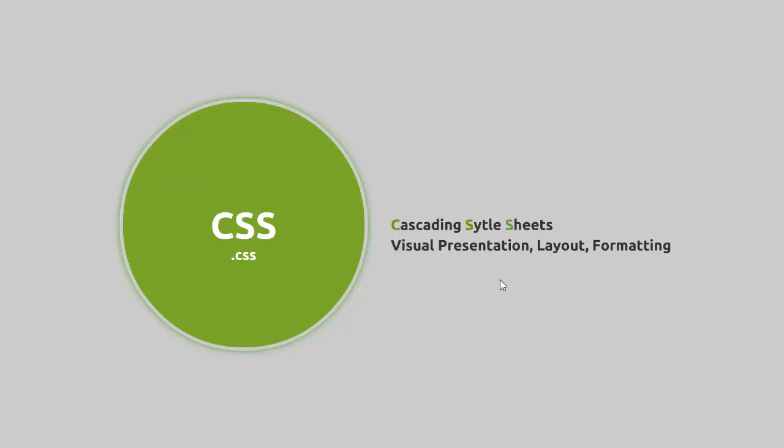Cascading style sheets provide the visual presentation, layout, and formatting for our web page. Often they're contained in an external file named .css, but can also be embedded within the page in style tags or inline in HTML tags.